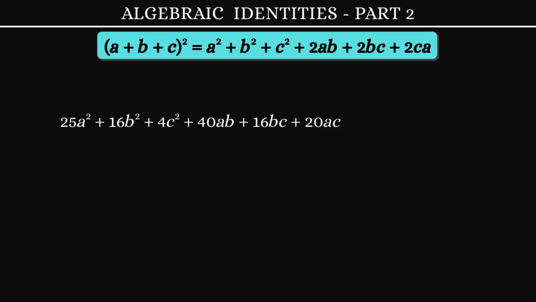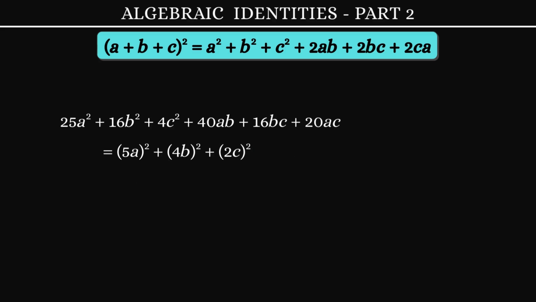As a first step, let's try to write these square terms as something the whole squared. So 25a square is 5a the whole squared. 16b square is 4b the whole squared. And 4c squared is 2c the whole squared.